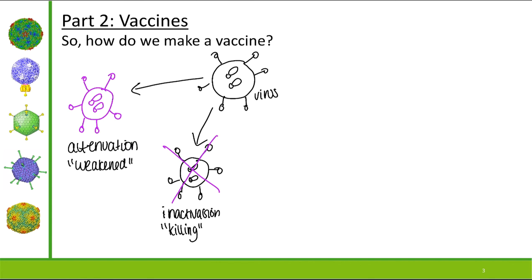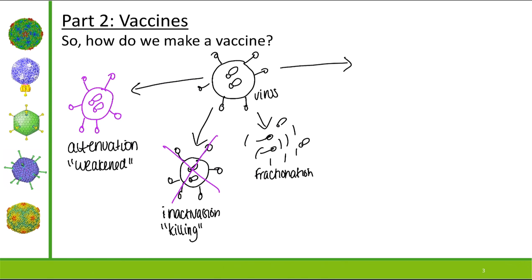So we'll talk about what that means. We can also do a method called fractionation. In fractionation, we essentially get all of the pieces of the virus that are broken up. All of these methods have been used, are still used, and we'll talk about how.